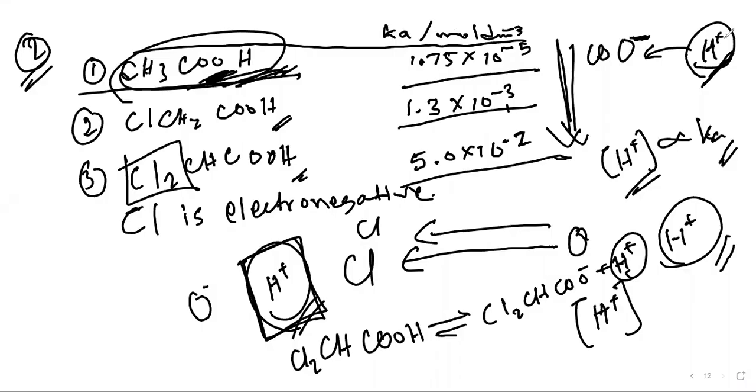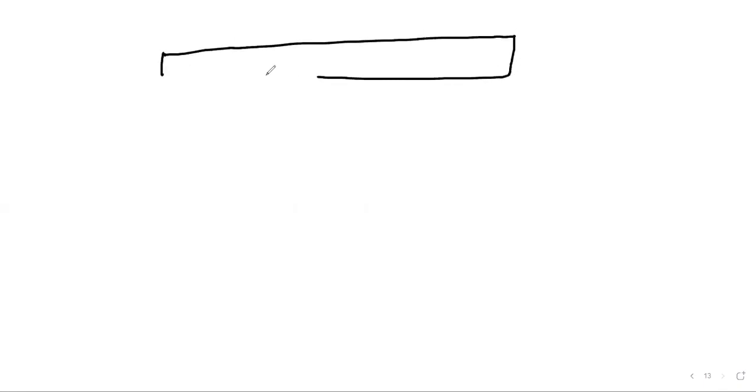Also to remember, if H plus concentration increases, acidity increases. Now, we often confuse ourselves with pKa, Ka, H plus concentration and the pH value. Let's do a short recap on the pH value. pH here is 7.